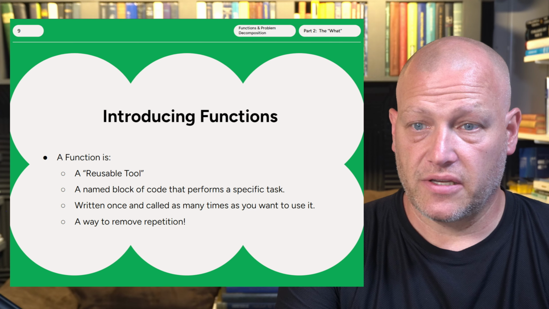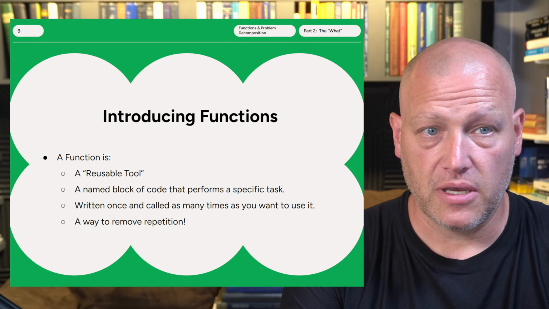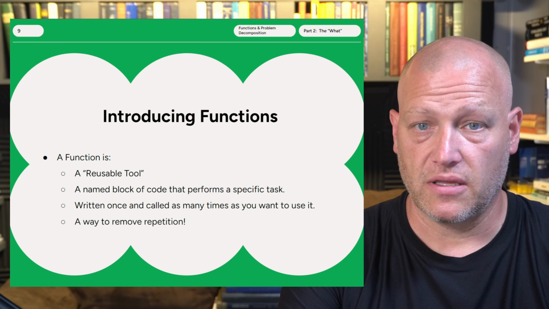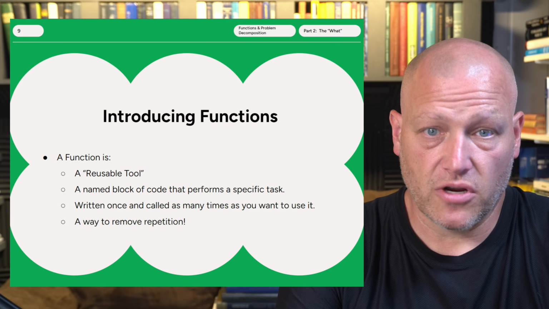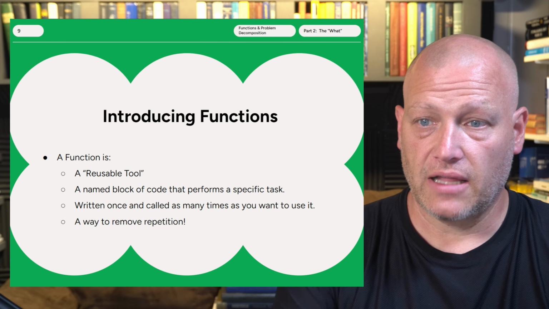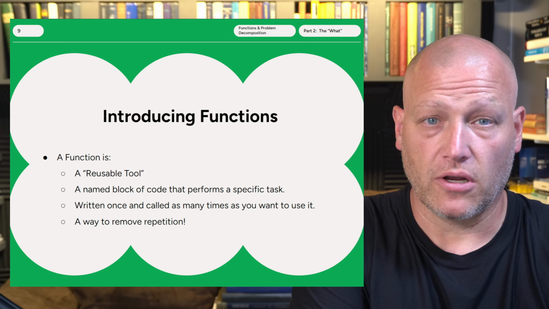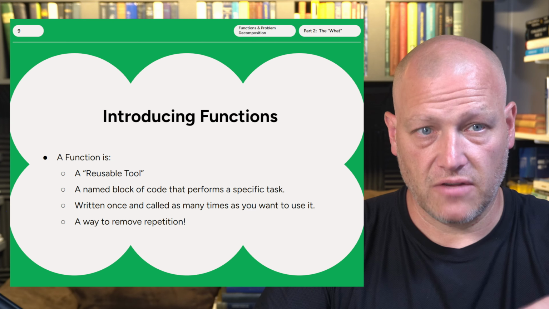You're going to write these things once. Okay, you write the algorithm one time. You're not going to copy it and paste it all over the place. You're just going to write the algorithm in one place. If you recall, an algorithm is just a set of instructions for a computer to execute. And so we're going to write that list of instructions in one place, and then we're going to call it many, many times by giving it different inputs.